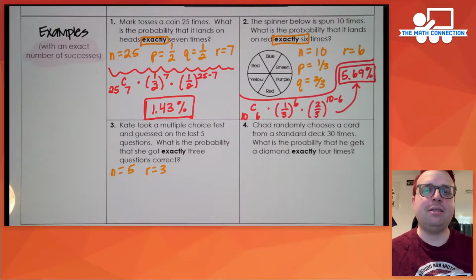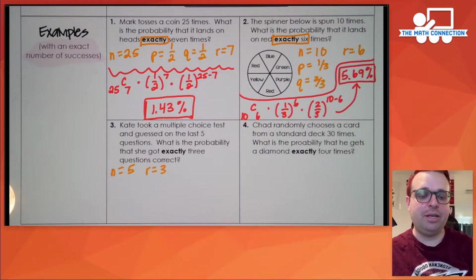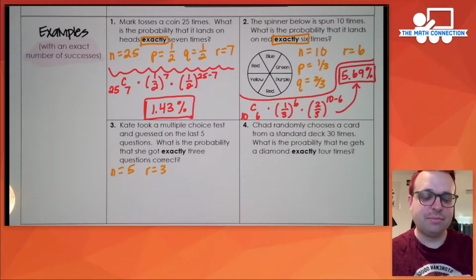That's the thing you're missing here. I mean, really, this question did not give you all the information that you need. They should have told you how many answer choices there were in each question. I'm going to go with 4, because let's just say that the answer choices are A, B, C, D, and only one of them can be right.